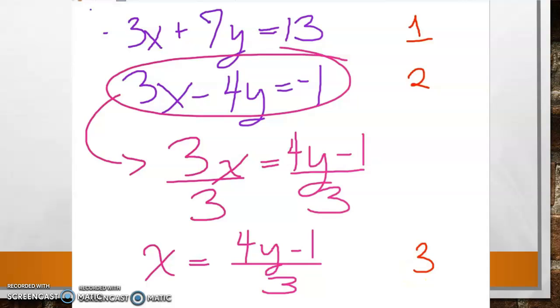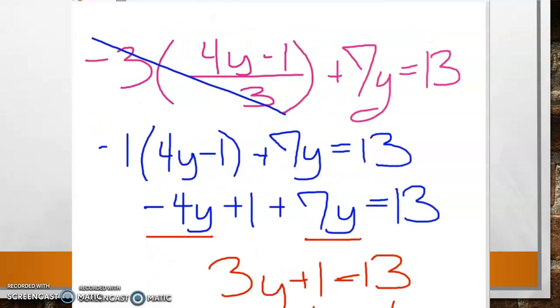My recommendation is always to plug back into one of the original equations, just in case there was a mistake in your ability to rewrite the equation. I always say plug back into one of the originals. Alright, so I'm going to plug into the first one, so negative 3 times the value for x.